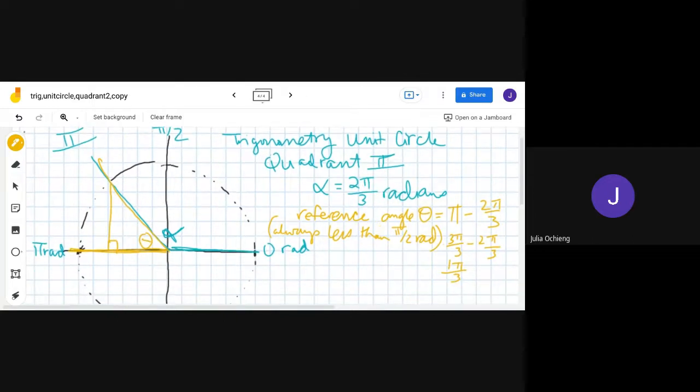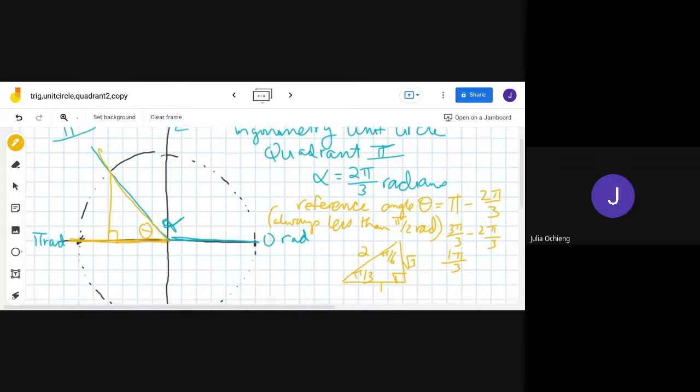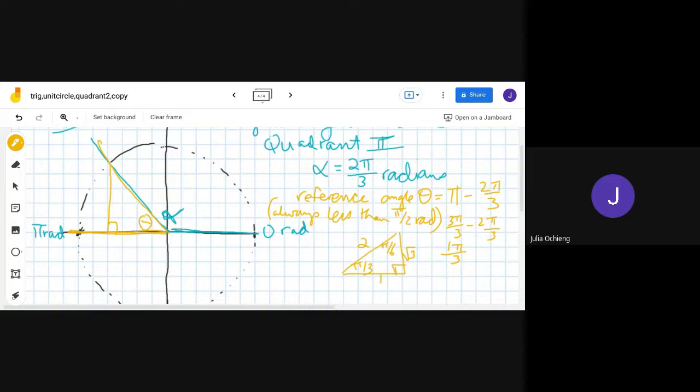And if I make a triangle outside, just so I can remember how my triangle works, the opposite of pi over 6 is 1, the hypotenuse is 2, and the opposite of pi over 3 is root 3. I can use this to find now my sine, my cosine, and my tangent of pi over 3, which turns out to have the exact same sine, cosine, and tangent values as 2 pi over 3, as long as the signs are for the second quadrant instead of the first quadrant, okay?